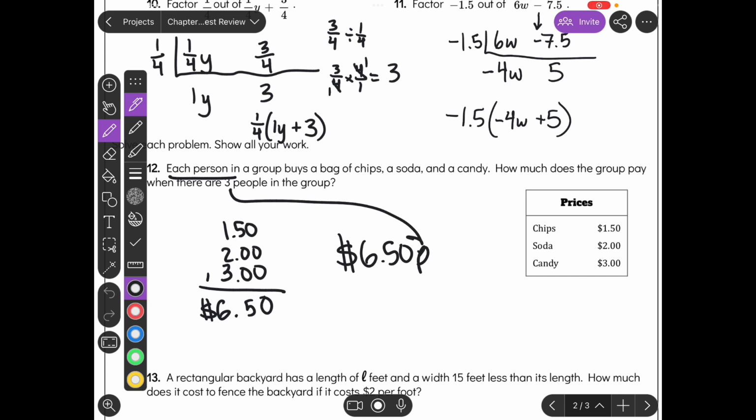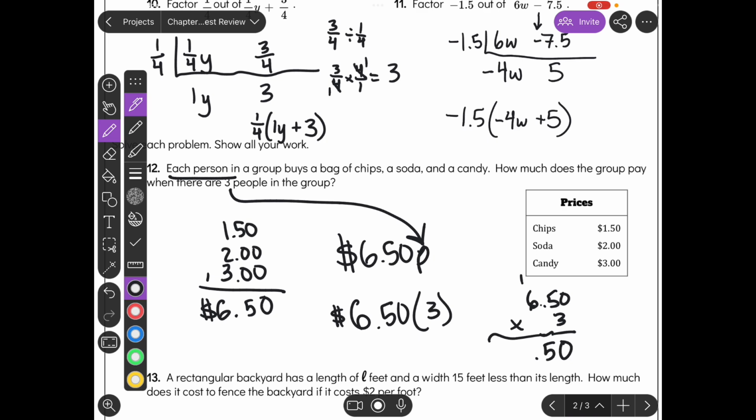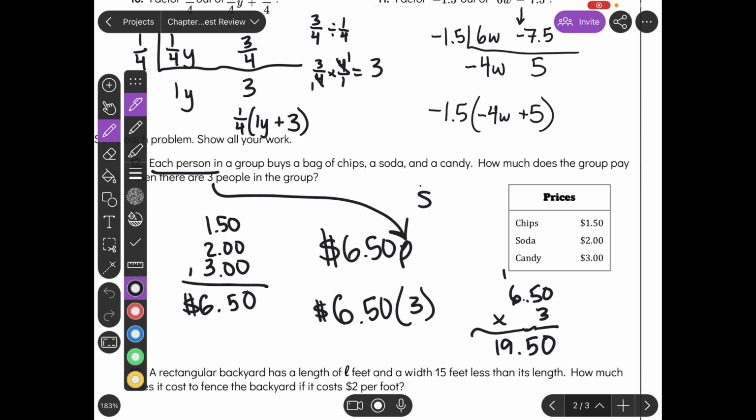I have 3 people, so I'm going to substitute in a 3. $6.50 times 3 is going to be 15 there. 18 plus 1 is 19. My total for the group is $19.50.